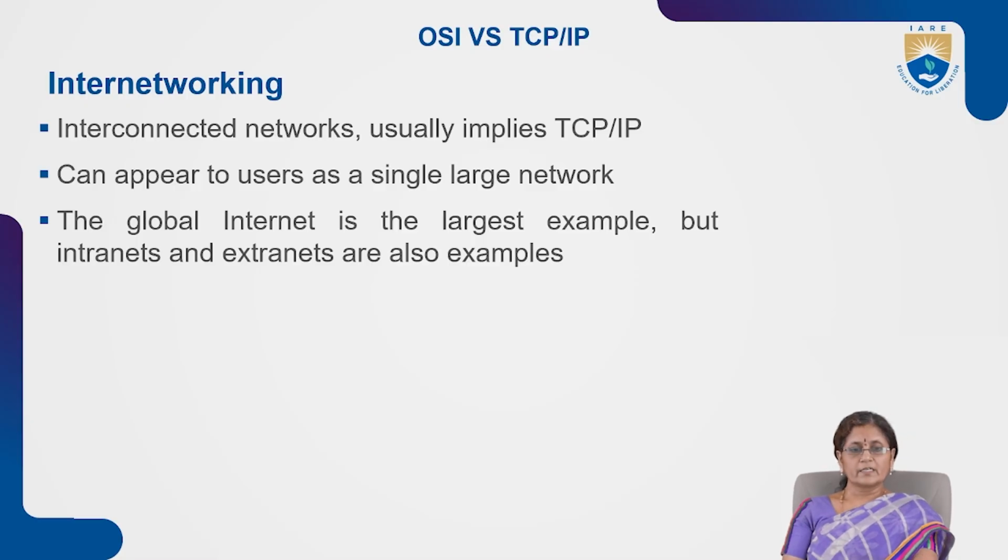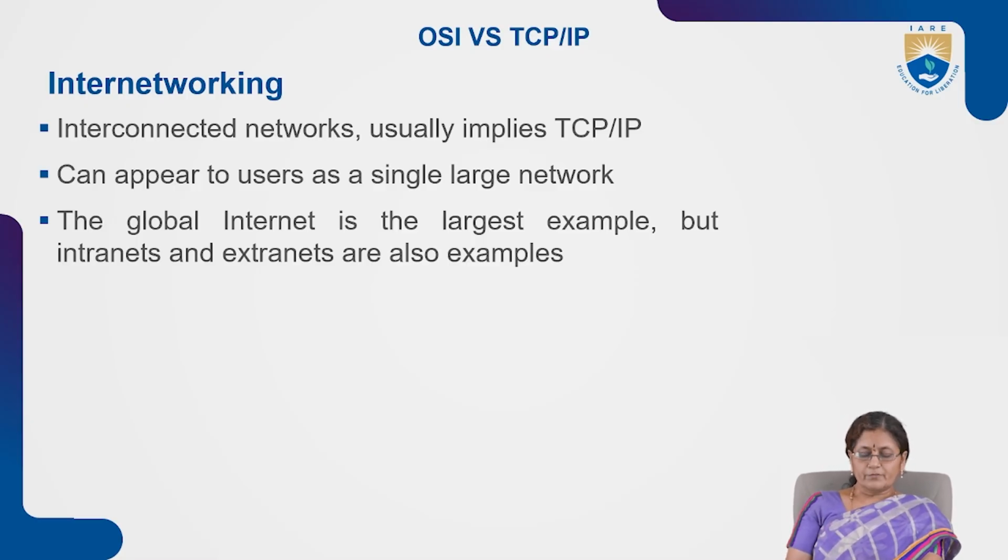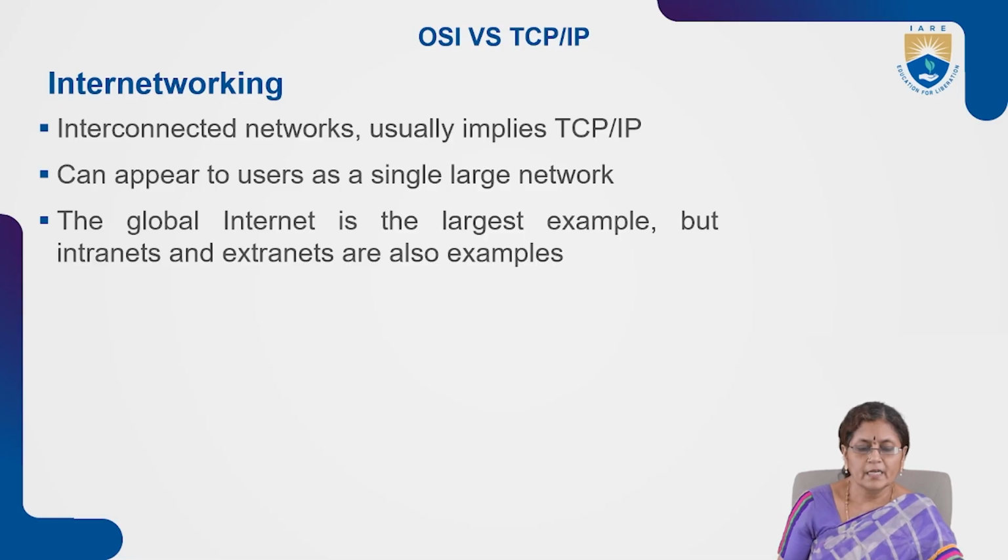So, what is internetworking? Interconnected networks usually implies TCP/IP. It can appear to users as a single large network. So internetworking means they are all interconnected, one among the other. They usually use the TCP/IP protocol, but it will appear to the users as a single large network.